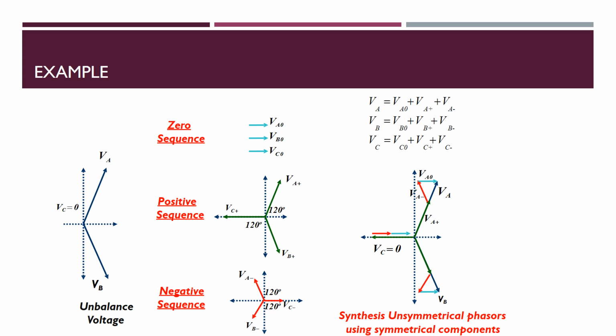Here another example has been given. Here VC equals 0, meaning there is no voltage at the C terminal. Let's say one phase is earthed and only VA and VB phases are present.